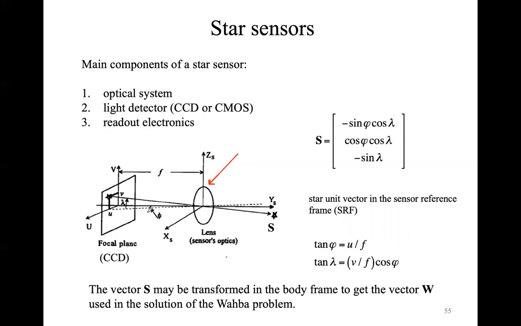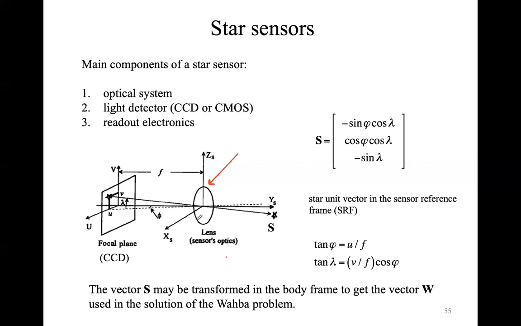So how does this sensor work? First of all, you have to define a reference frame, because as we said, not only do you have the optical bench frame, but you also have the instrument frame.